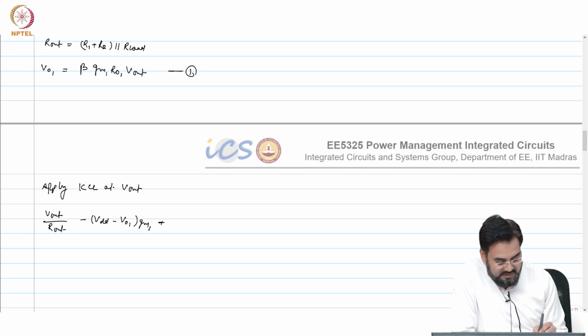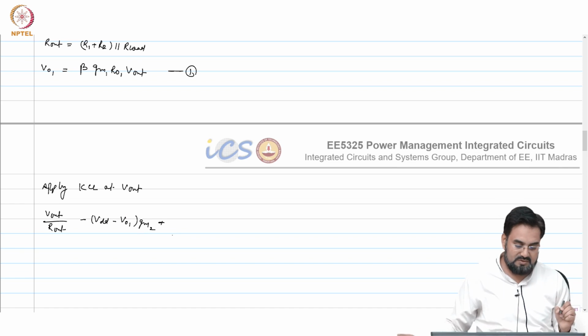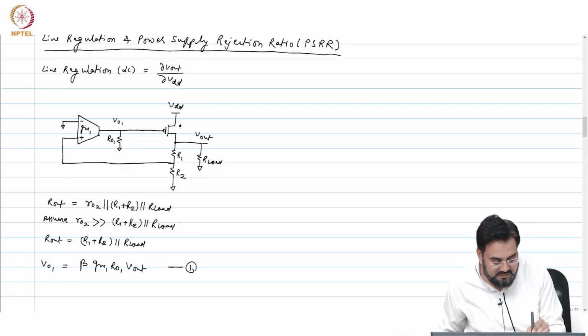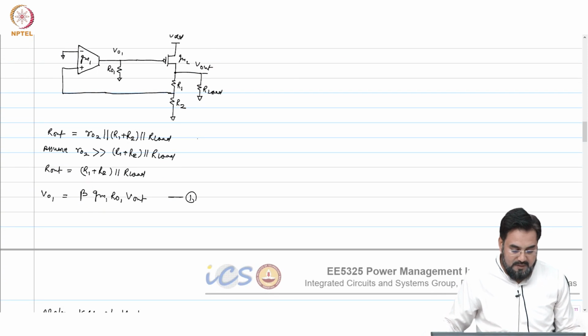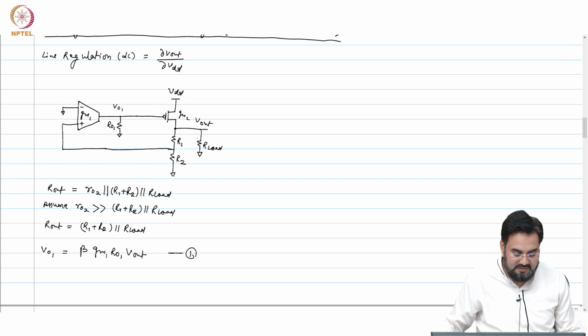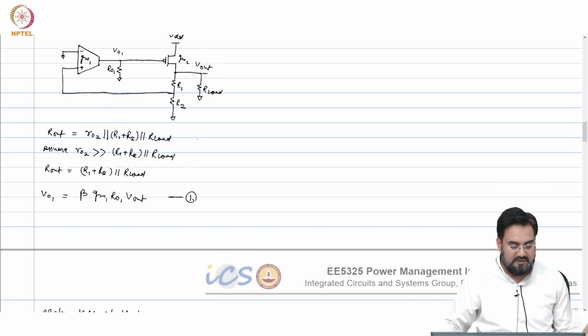Plus, sorry, GM2, not GM1. GM2 is the transconductance of this device. Anything else you have? That's it, so you have only two currents.